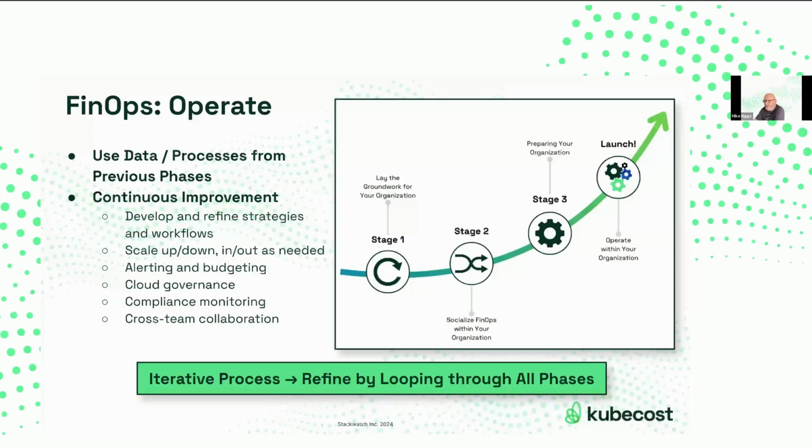The last couple of pieces that go with this is we want to monitor this for compliance, and then we want to put some governance around it in the form of things like budgets. But the key thing to take away from this is that it is an iterative process. It doesn't stop. It's always going to be a perpetual motion sort of thing.